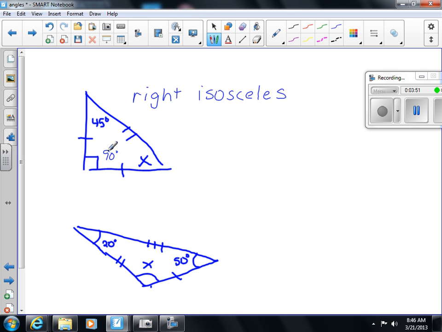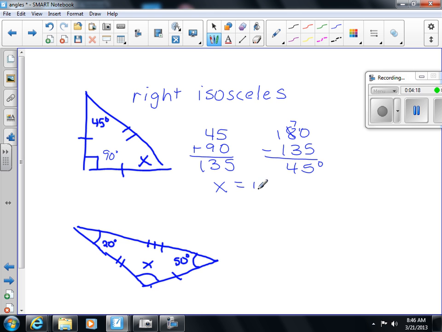First, how many degrees do I have with the two combined? 45 plus 90 gives you 135. Now, what am I going to do with that? 180 minus 135, and I get 45 degrees. So I know that x equals 45 degrees.